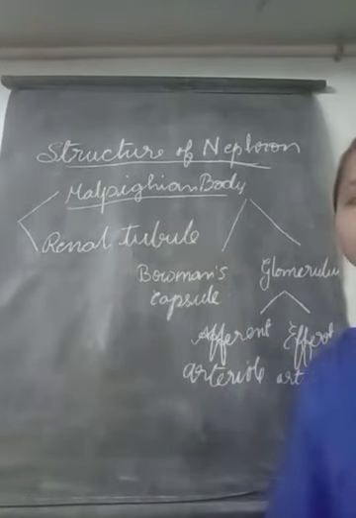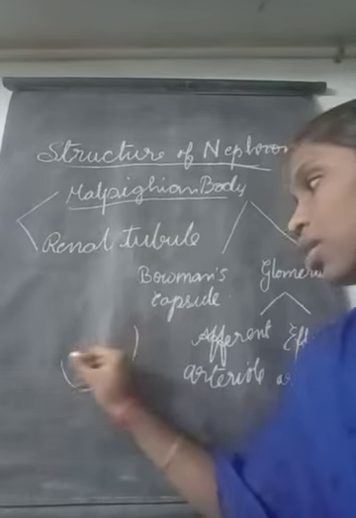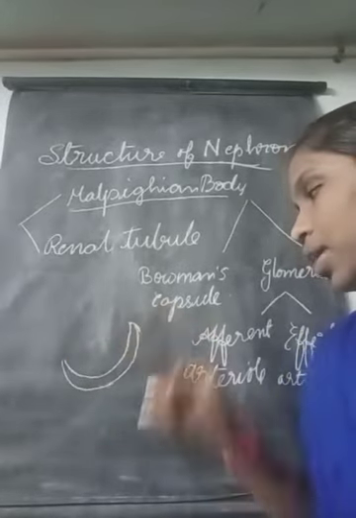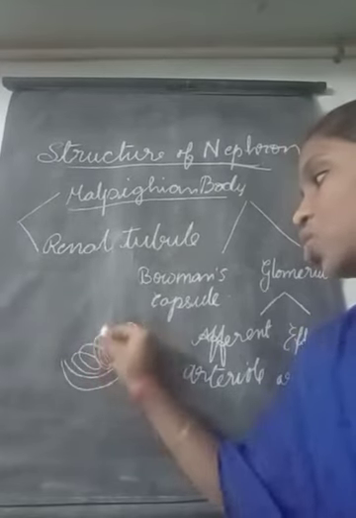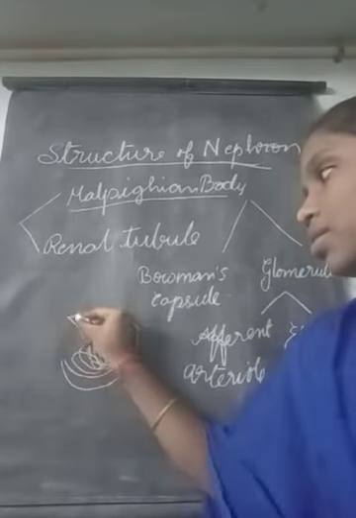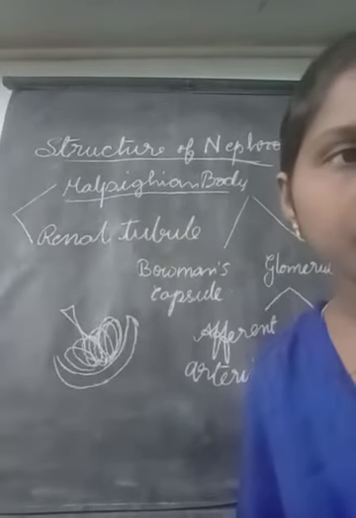The Malpighian body contains two parts. One is the cup-shaped structure called Bowman's capsule. In that Bowman's capsule, we can find a bunch of blood capillaries, called glomerulus.